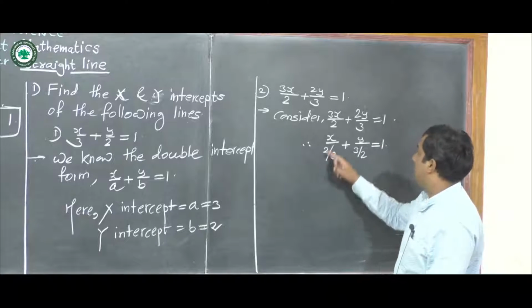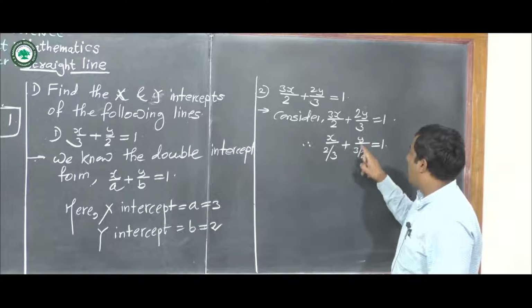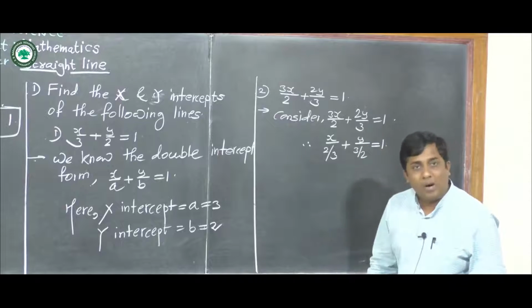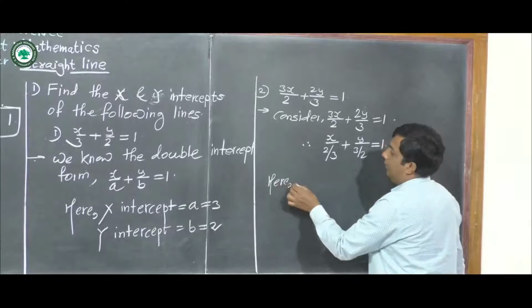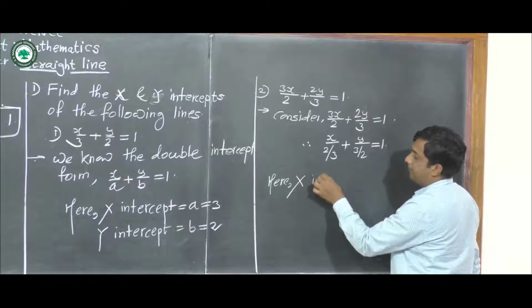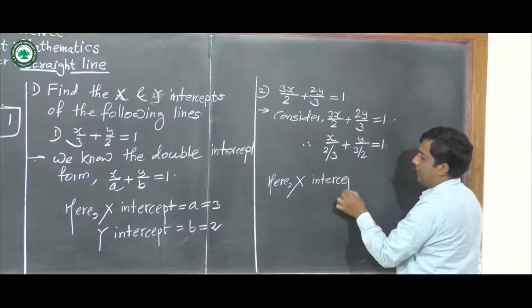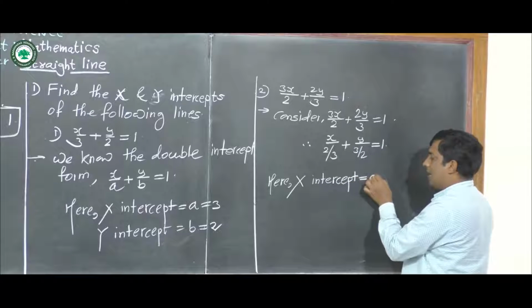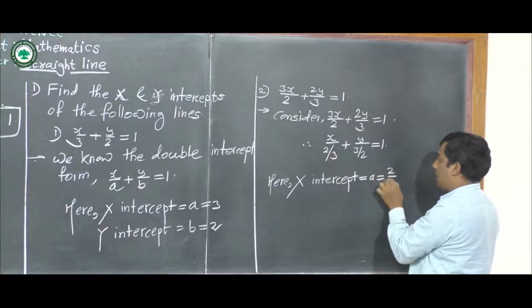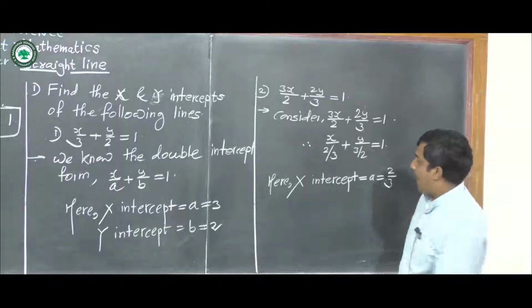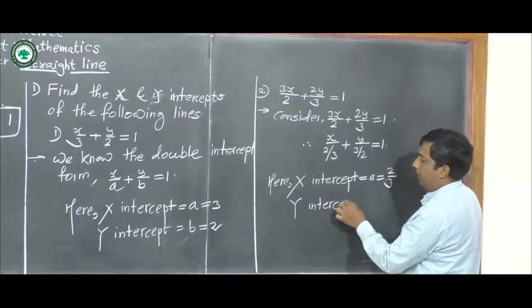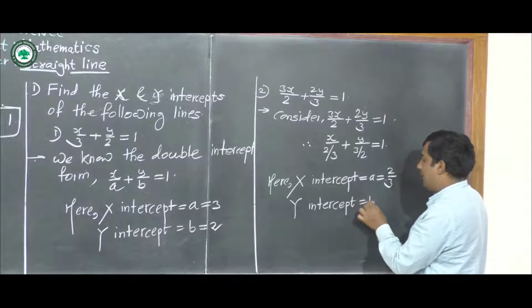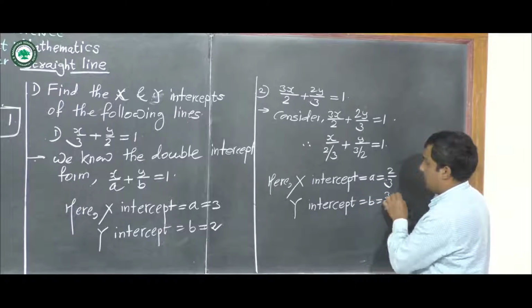Now this is in the form x upon a plus y upon b is equal to 1. So the x intercept is a, and a is 2 upon 3, and the y intercept is b, and b is 3 by 2.